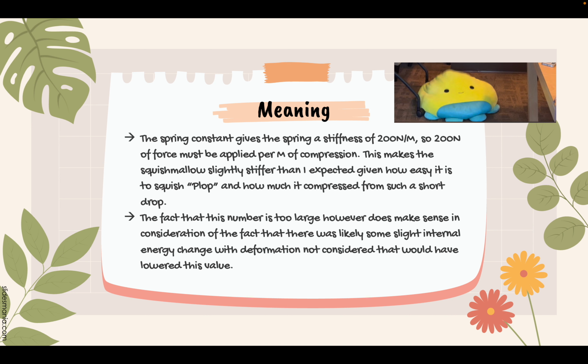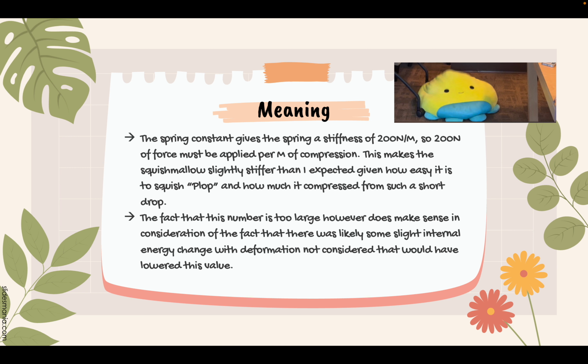So the spring constant of about 200 newtons per meter means that it has a stiffness of about 200 newtons of force to be applied per meter of compression. I was expecting a slightly smaller number, a less stiff spring, considering a Squishmallow, for those who know what a Squishmallow is and have touched it before, it is very squishy, and it compressed a lot very quickly.